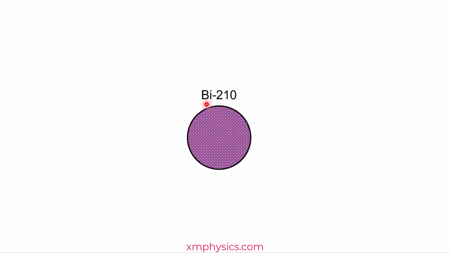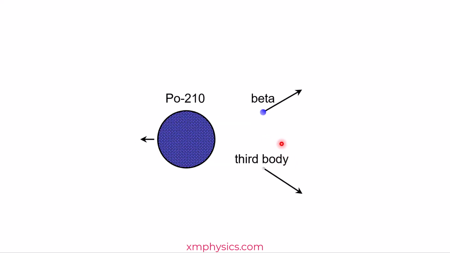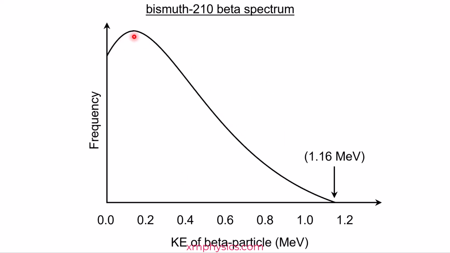Now, what if the bismuth-210 spits out another particle besides the beta particle? If you have three particles, then there are an infinite number of ways for these three particles to have momentum that sum up to zero. And therefore, there are an infinite number of ways for these three particles to share the energy released during the beta decay. And that can explain why the bismuth-210 can emit beta particles with a range of energy.